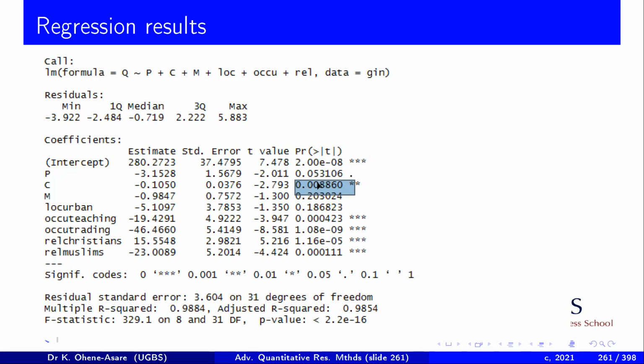If it is significant, you will see that R puts some stars, and the number of stars determines the actual level of significance. Now 0.1%, by the way, means 0.001.